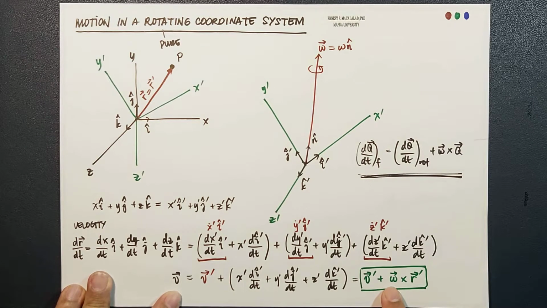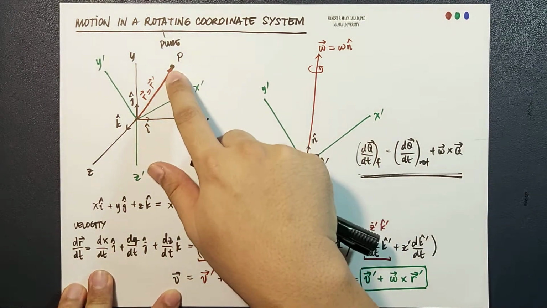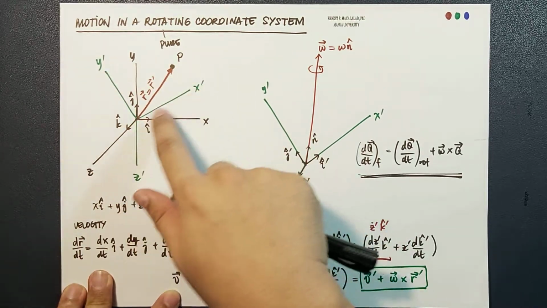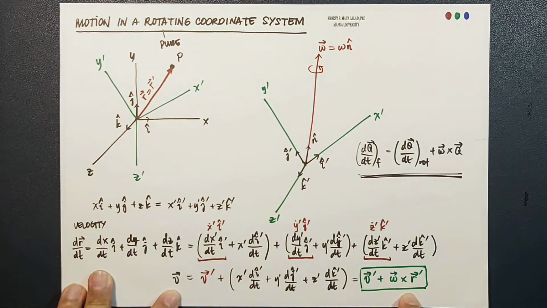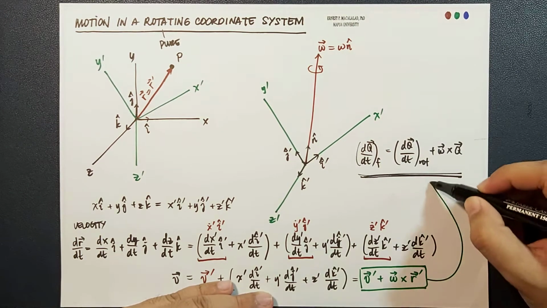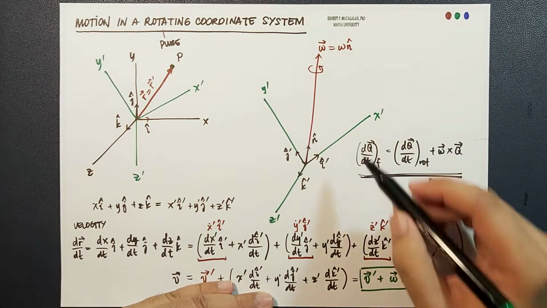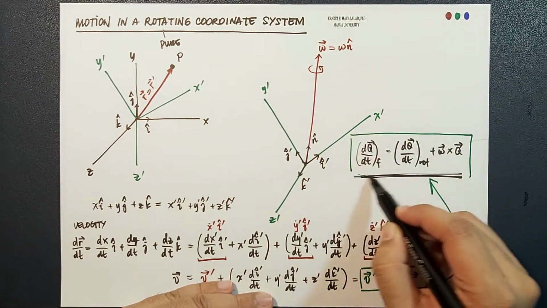So this is omega cross r prime, where r prime is the position of your particle with respect to your moving frame.